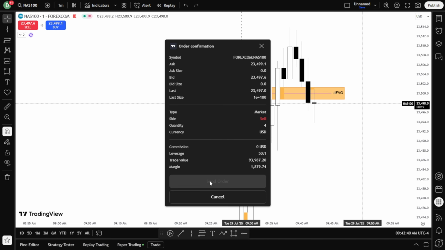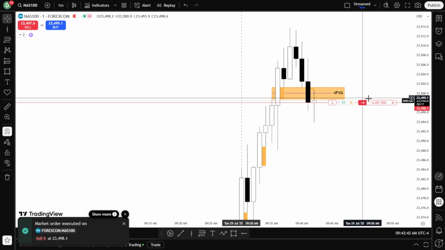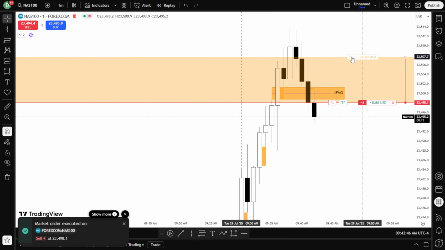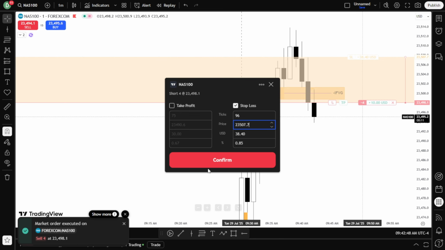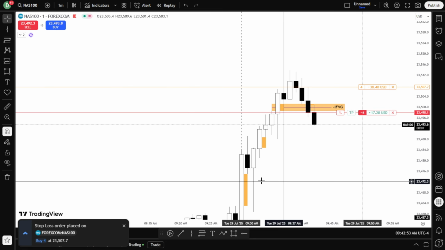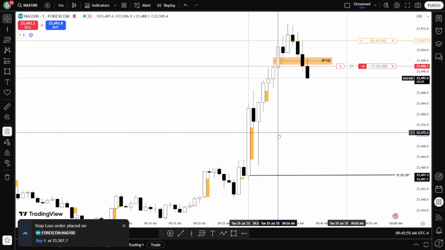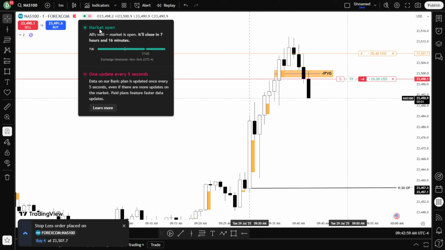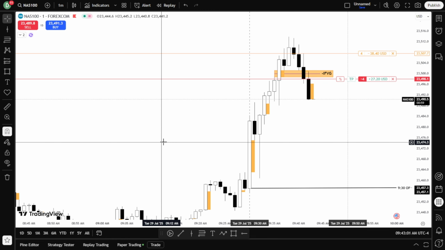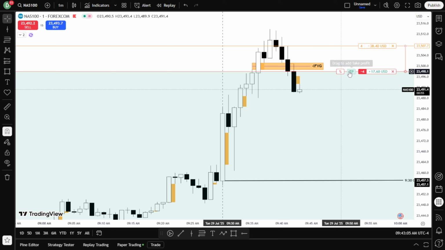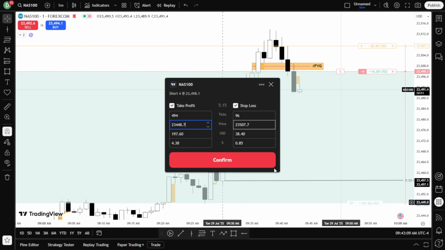Trying to take a shot right there. My SL will go right there, and I am looking for the lower prices. And guys, this is the live market. Markets are open, you can see that. Just see, this is what I am looking at as the TP.